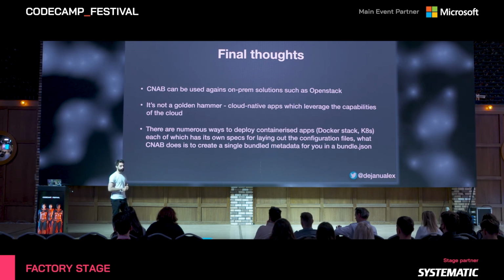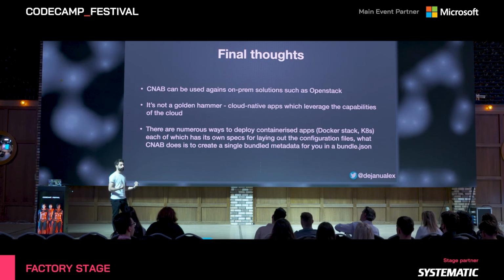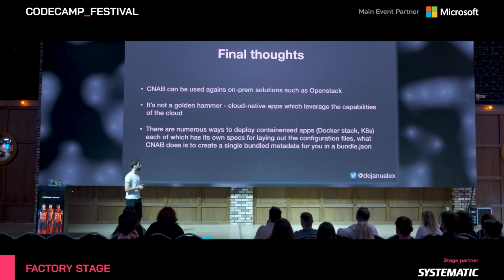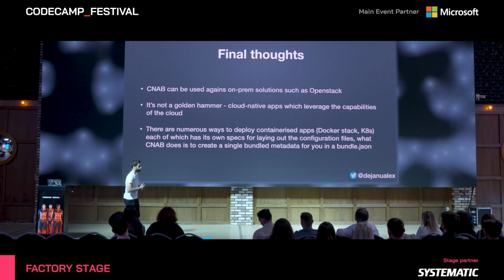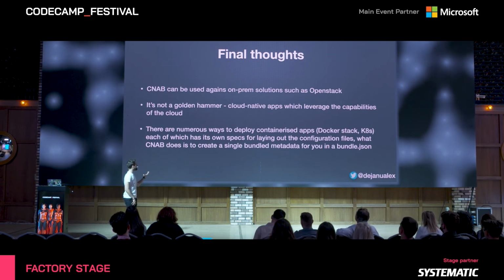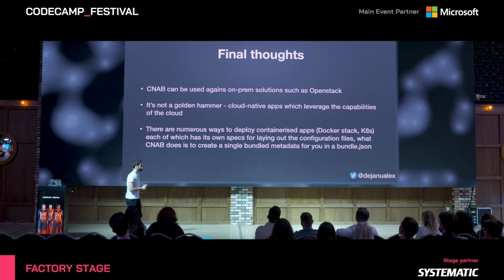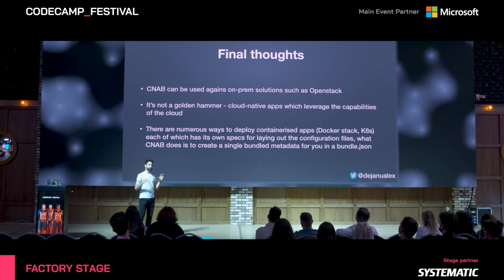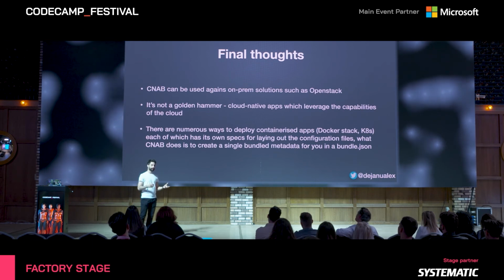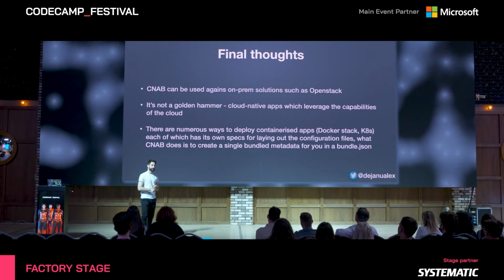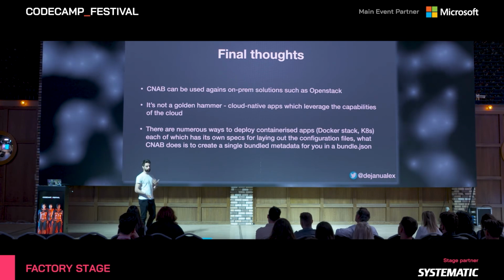It's not a golden hammer, meaning that if you don't have applications that need customization in terms of deployment, it's probably not for you, right? And even though there are numerous ways to deploy containerized applications, what bundles provide you is a shipping mechanism in which you have everything: the applications, the tooling with the specific versions, the configurations, and the deployment logic.